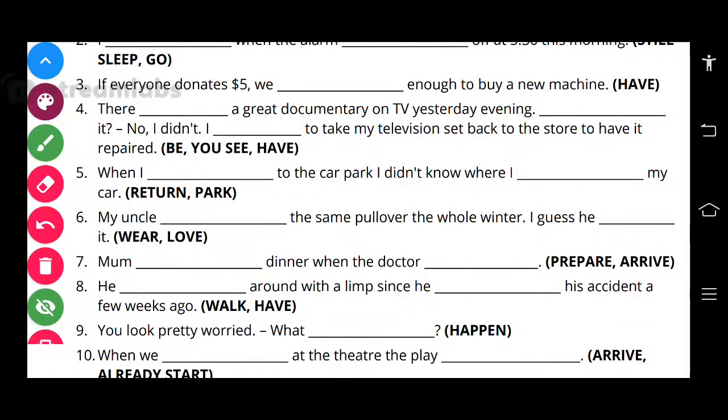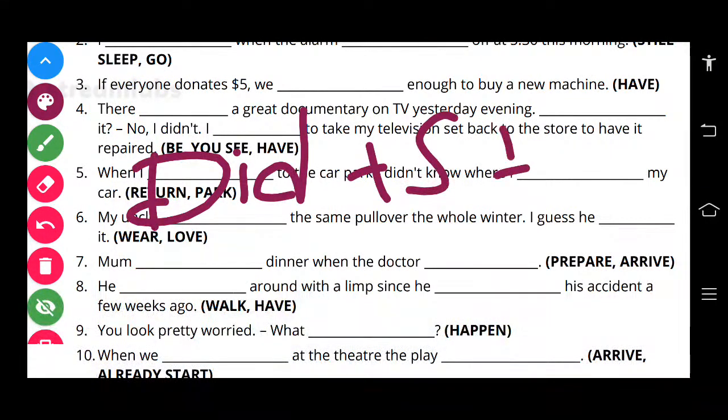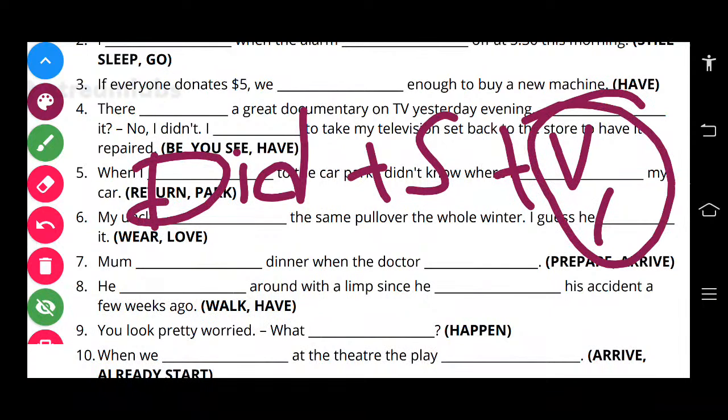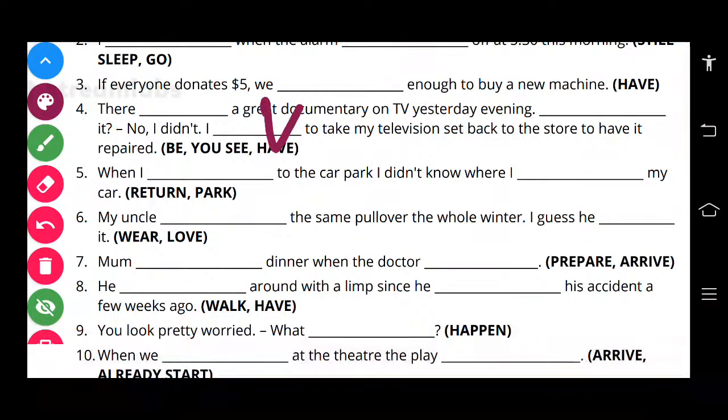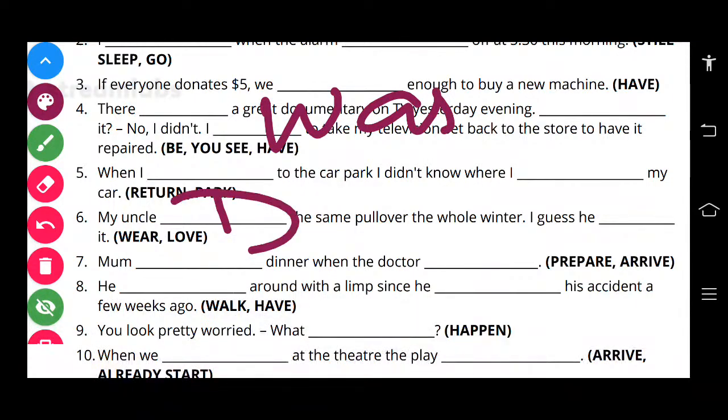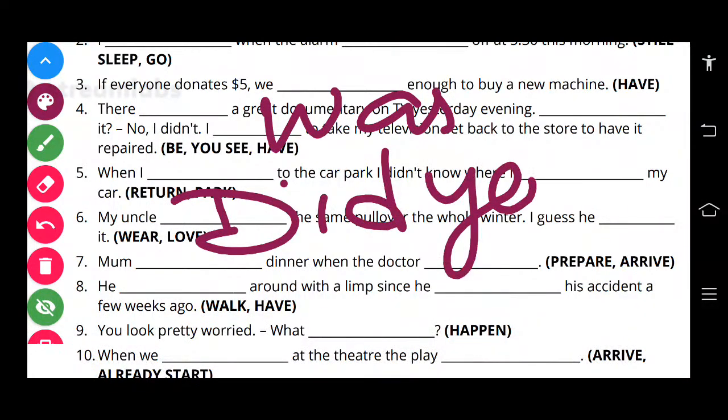A completed action question generally follows the structure: did, followed by the subject, followed by only the base form of the verb. Therefore the question might be, did you see? Actually we were given "you see", but we have to make it into a question, did you see? So the first answer is was, and the second answer is did you see it?